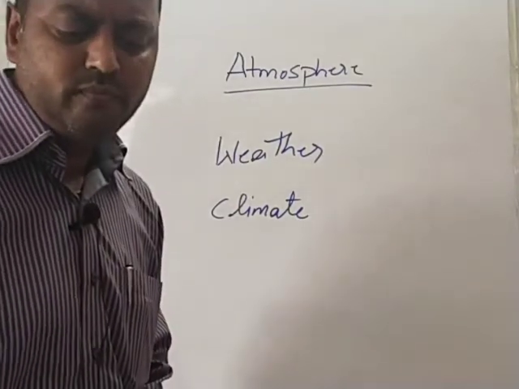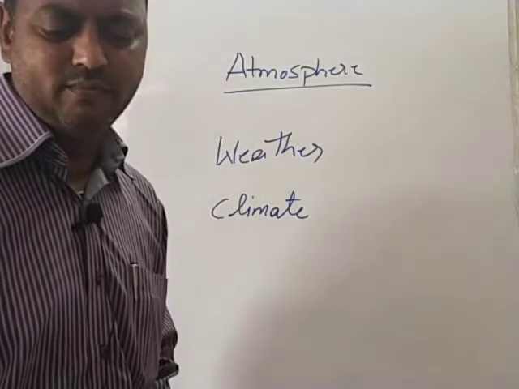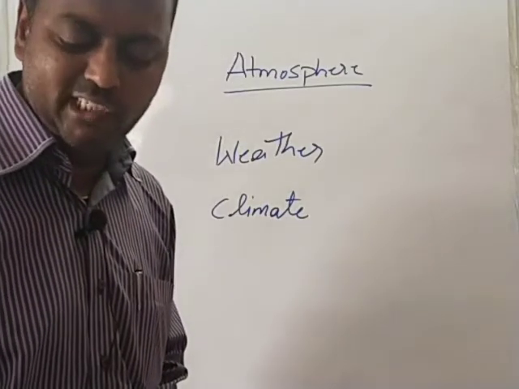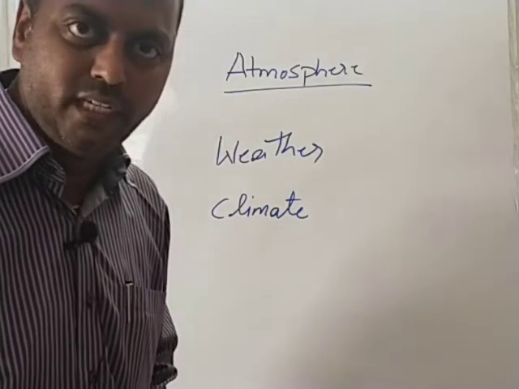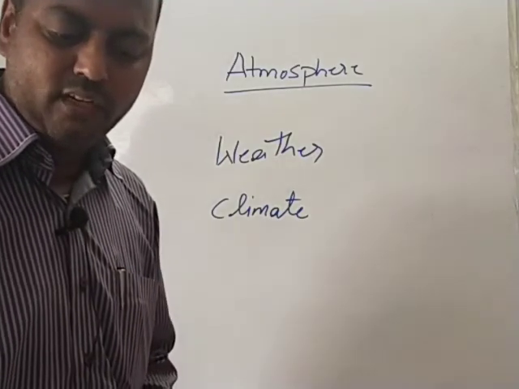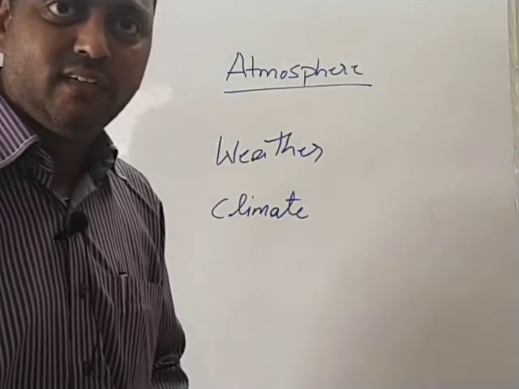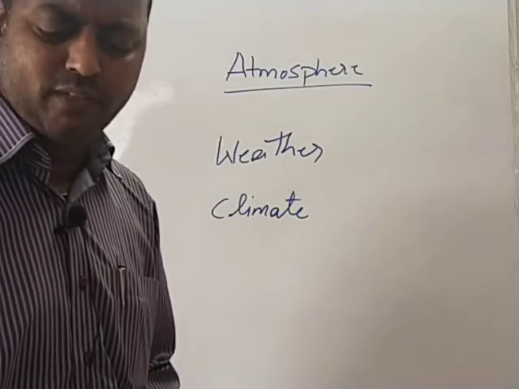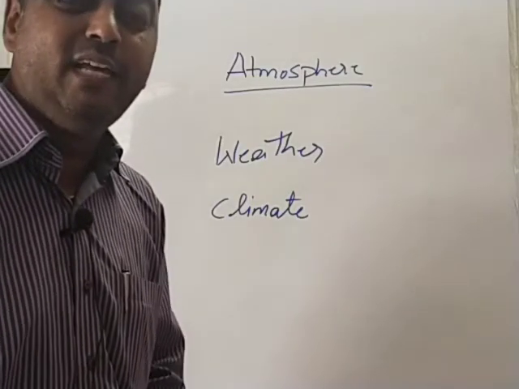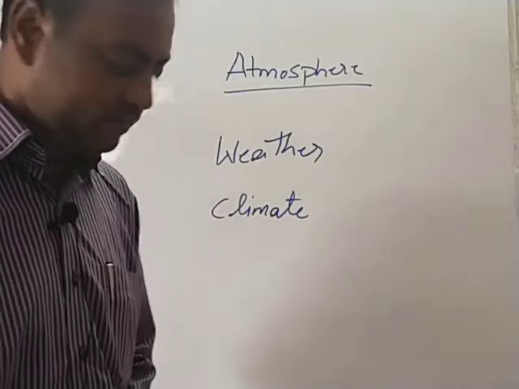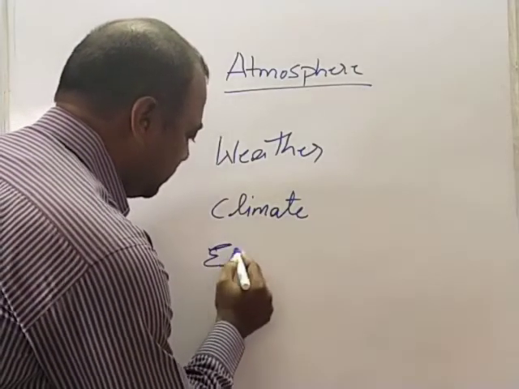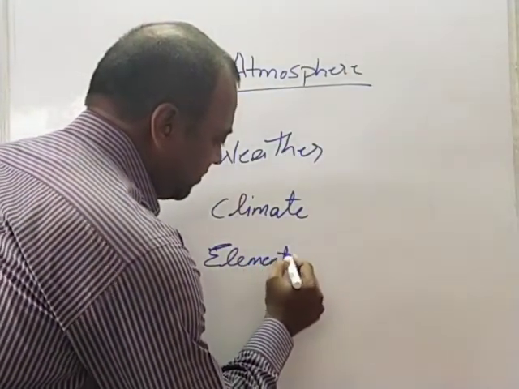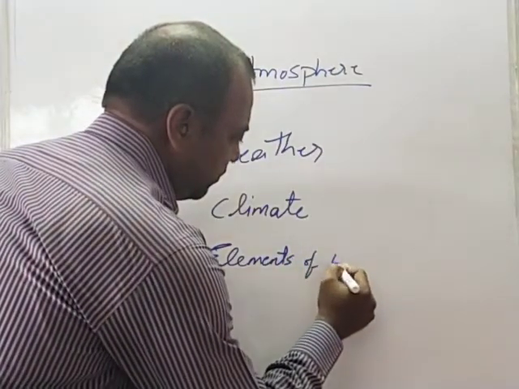So how do we describe this atmosphere then? We measure through the temperature, humidity, wind, pressure and precipitation. These are all atmospheric variables. These are called elements of weather. What are they called? Elements of weather.